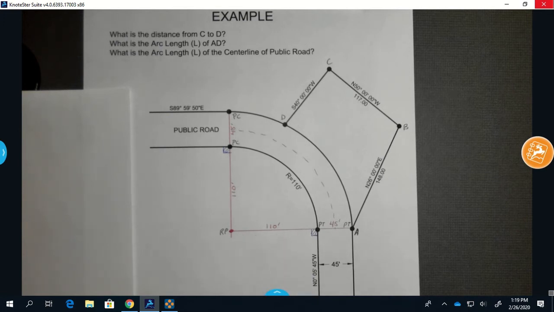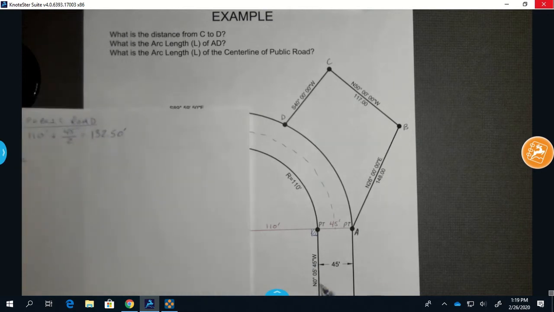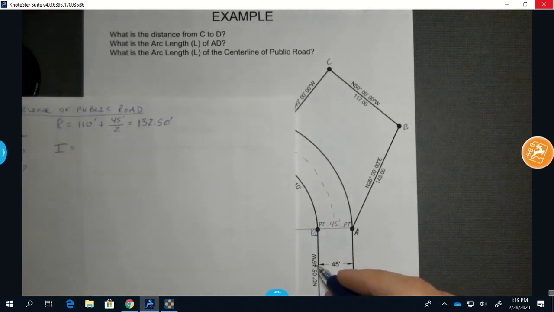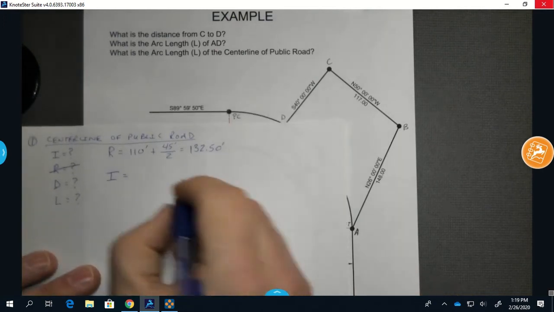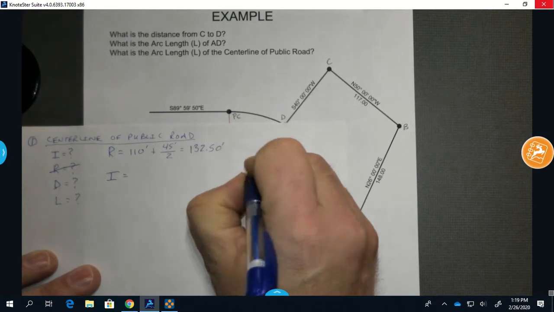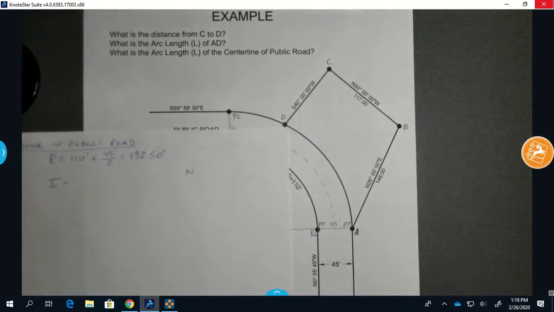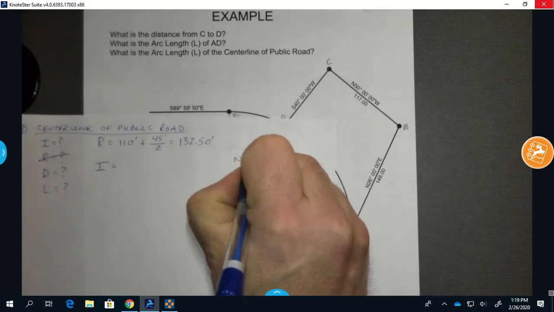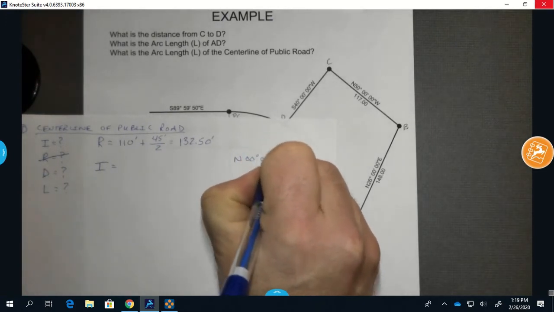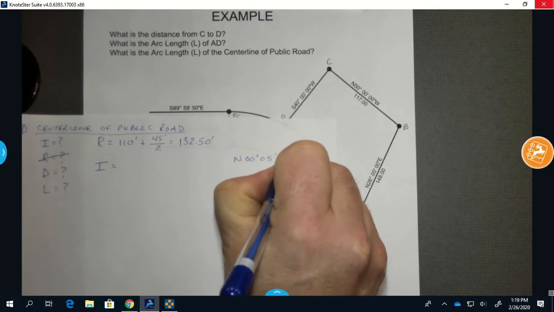Okay, so let's take a look at that once. So I have a north 0 degrees, 5 minutes, 45 seconds west bearing here.